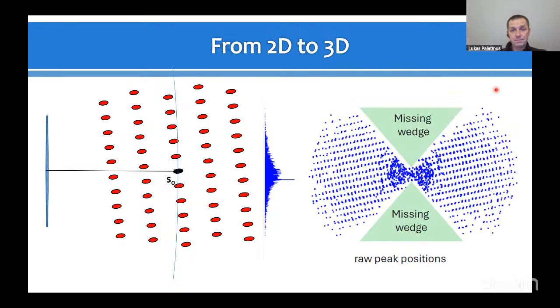That's one of the complications we encounter with 3D data, and this missing wedge can either be filled by symmetry. If the crystal has higher symmetry, then symmetry related areas to the missing wedge might be measured, or we need to combine more crystals into a single data set to fill this missing wedge. Nevertheless, for determination of the unit cell parameters, this missing wedge is not so important.